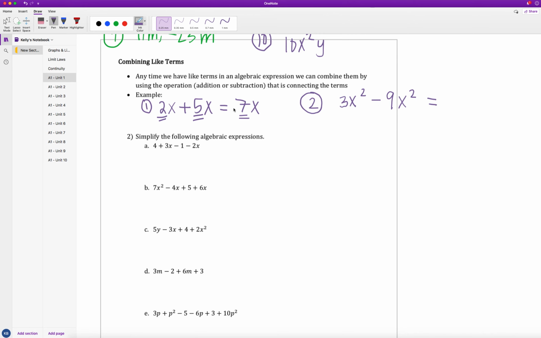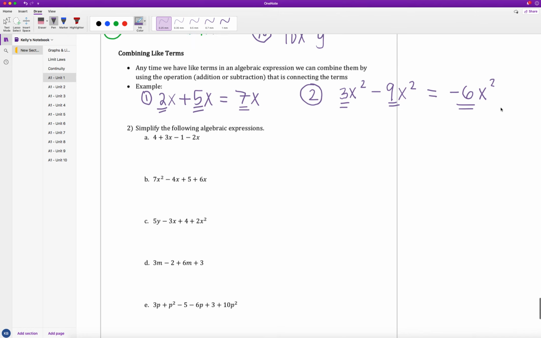And just like before, I want to make sure that we are combining our like terms by subtracting our coefficients. So if I have 3 of something minus 9 of that amount, I'll end up with negative 6 of, in this case, x squared. So when I'm subtracting my like terms, I'm subtracting their coefficients. So 3 minus 9 of them will give me negative 6x squared.